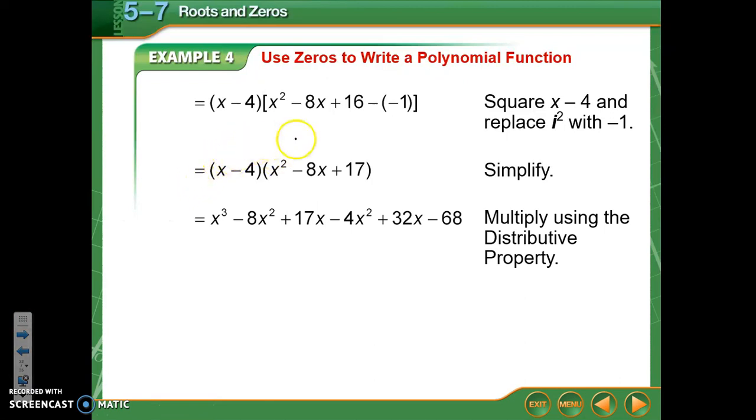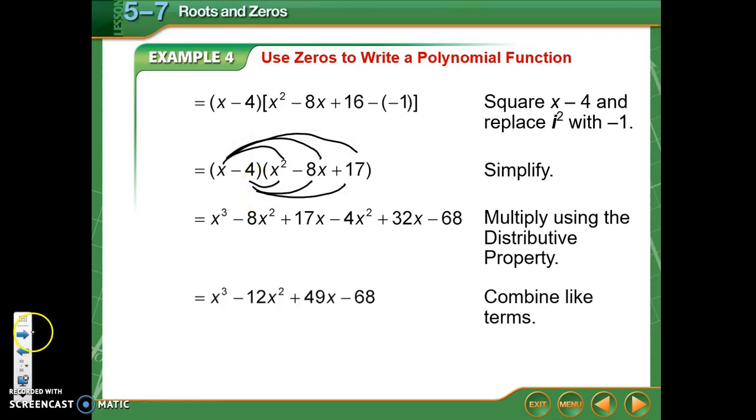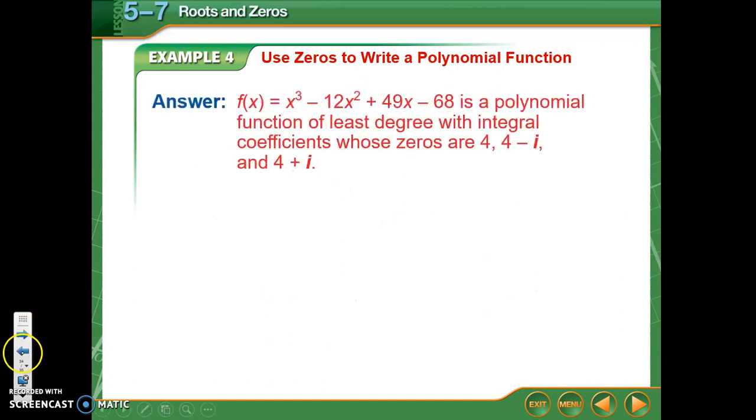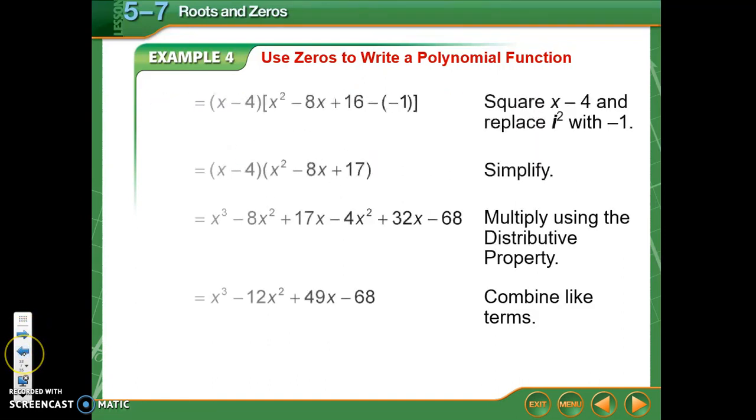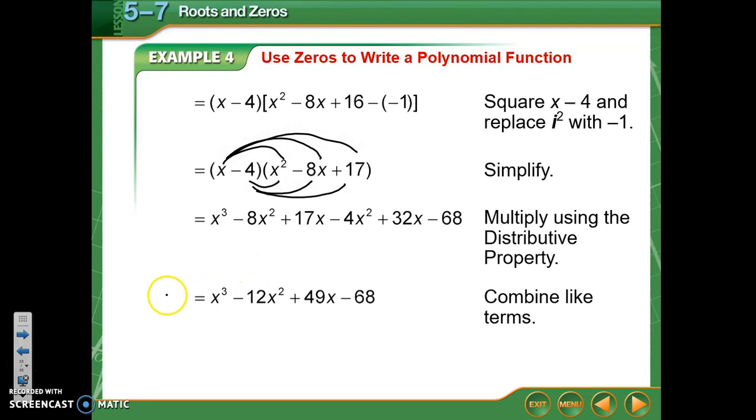I multiply this x times everything in my second polynomial factor, and then I multiply negative 4 times everything. Then we simplify by combining like terms, and this would be our final answer. Let me go back here. This would be my polynomial function of least degree. It has integer coefficients, and its zeros would be 4, 4 minus i, and 4 plus i.